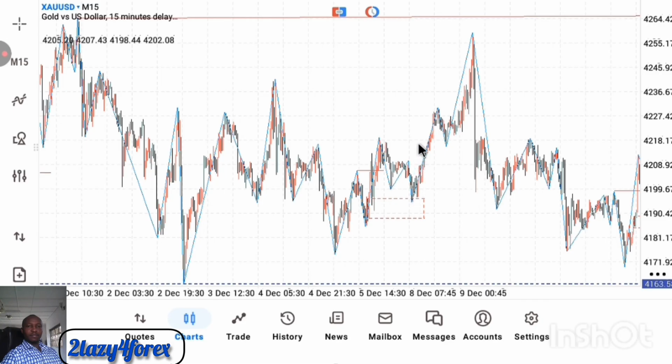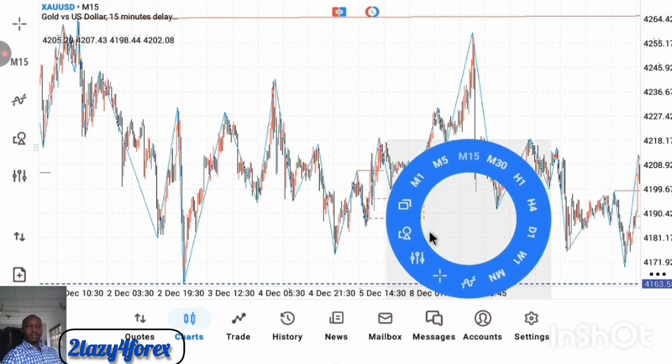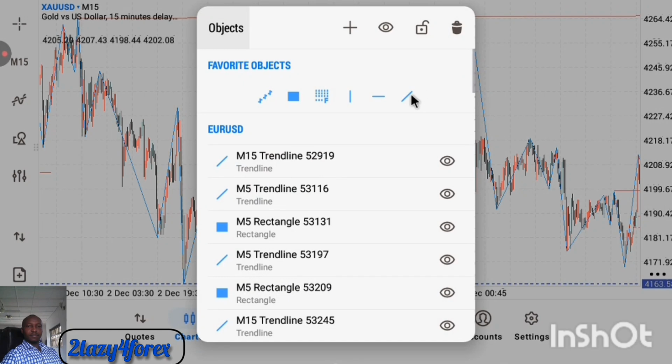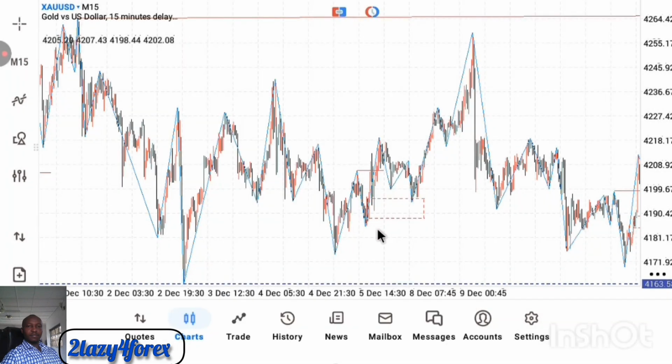It moved in our favor, at least a couple of pips, before it came back and failed. Some of us would have shifted or broken even, but still the trade didn't go in our favor. So our stop loss, which was supposed to be somewhere around here, was hit. It could definitely have been hit by this.